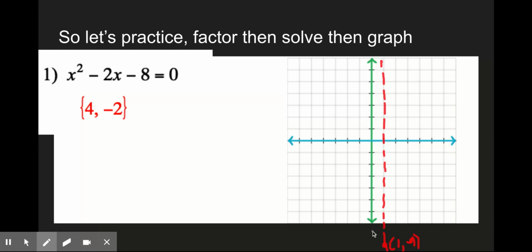I had a y-intercept of (0, -8), and I had points like (-2, 0) and (4, 0). I can just copy this to the other side. And just like that, I have a really, really clear picture, you guys, of what I want this graph to look like.